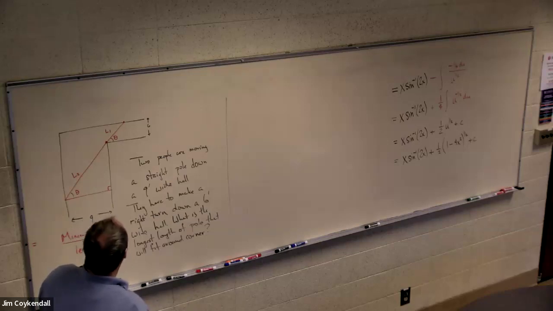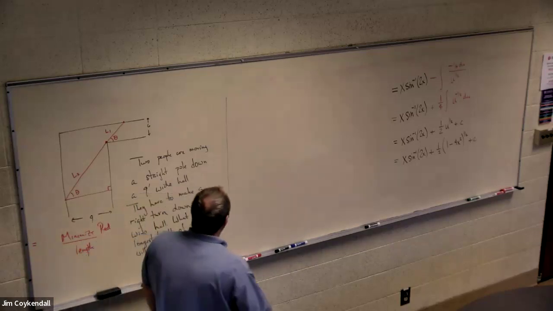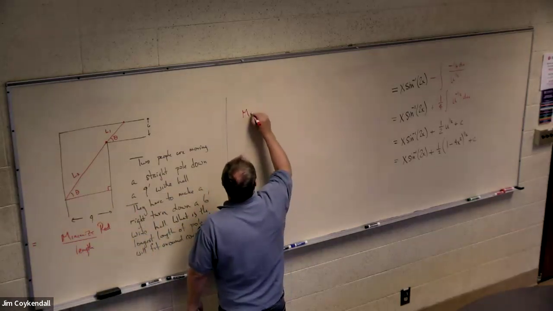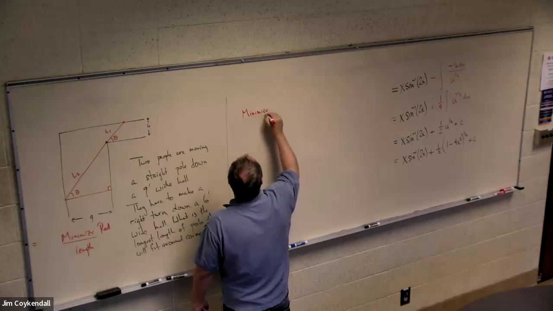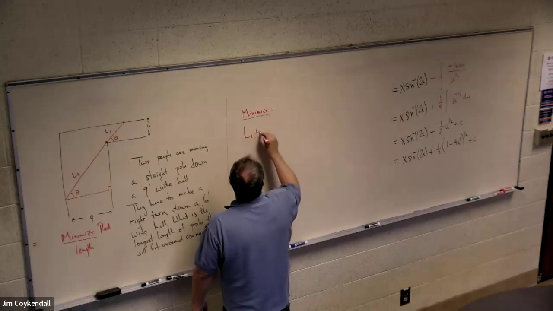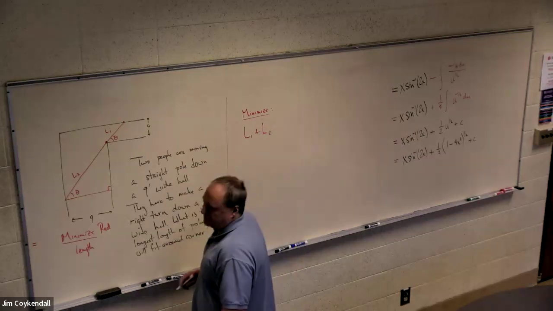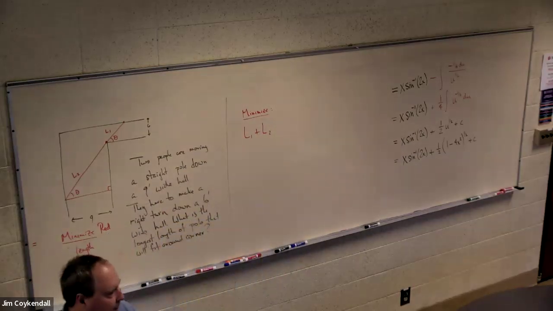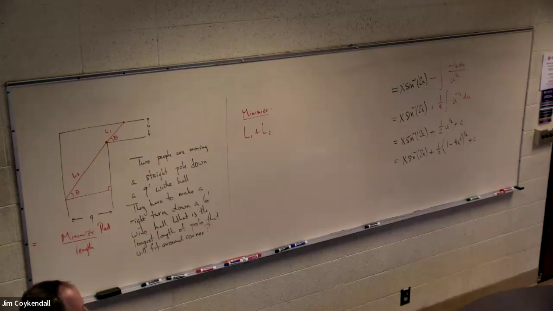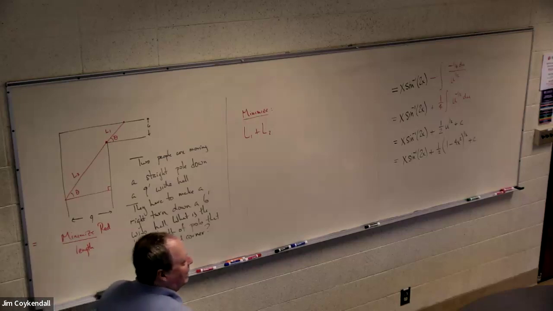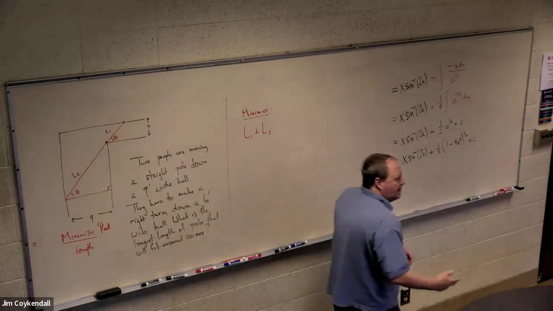All righty. So let me break this down into pieces. What do we want to minimize? We're trying to find the minimal distance across the corner, L1 plus L2. Now, I don't have a good feel for L1 and L2, but maybe they're my variables. Whenever I do a max-min problem, there's always something that's changing.